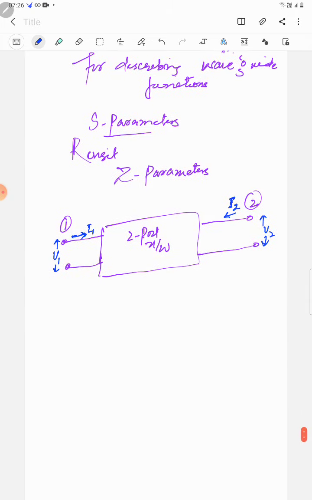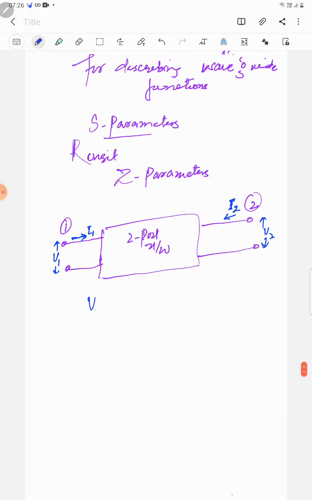So the relationship between these voltages and currents in terms of Z parameters is V1 is Z11 I1 plus Z12 I2. V2 is Z21 I1 plus Z22 I2.